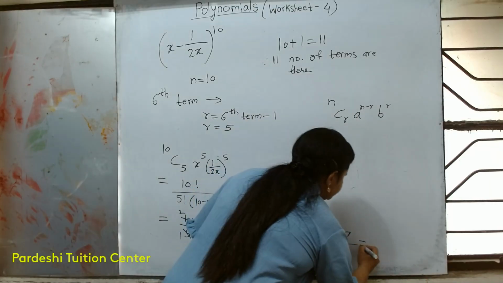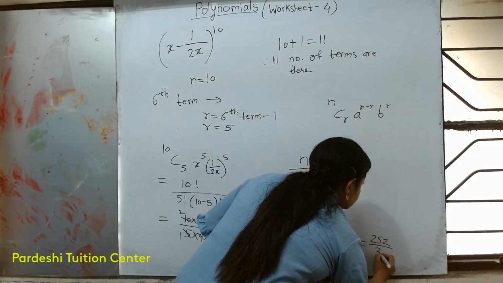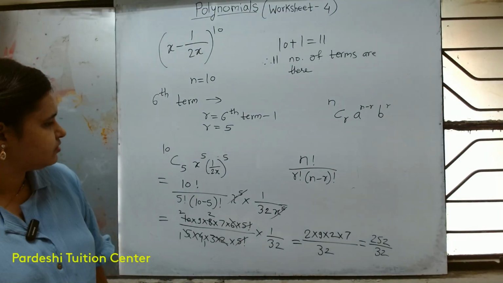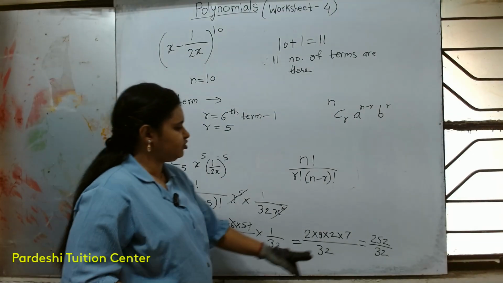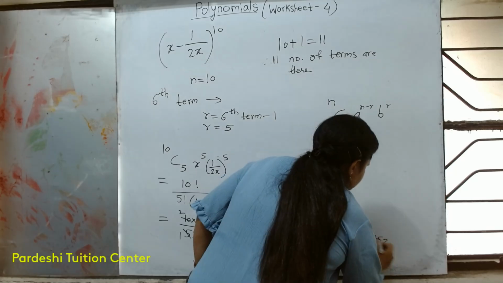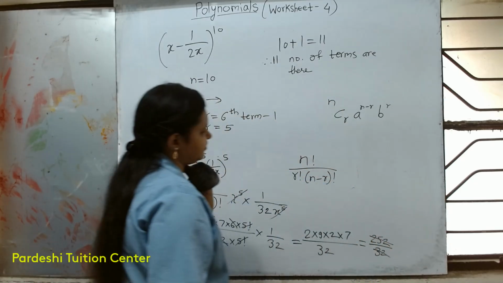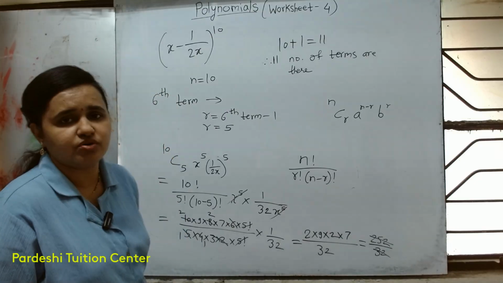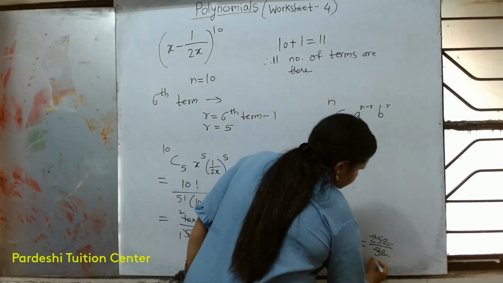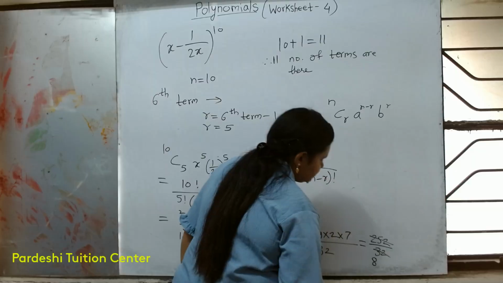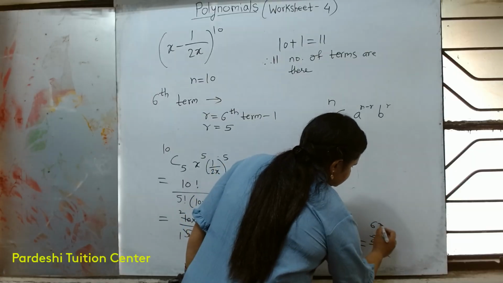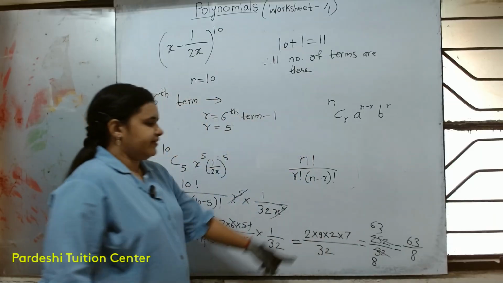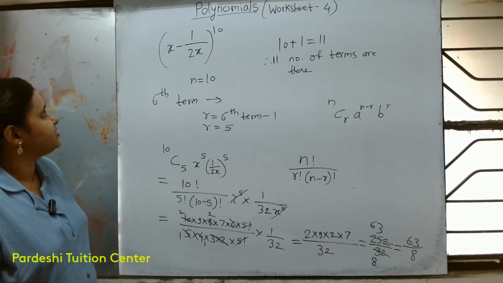So it will be 252 upon 32. Okay, we have to just reduce this once more. 252 upon 32 can be divided by 4. So 4 1s are 4, 4 8s are 32, and 4 6s are 24, 4 3s are 12. So it will be 63 upon 8. Okay. So our answer is 63 upon 8.